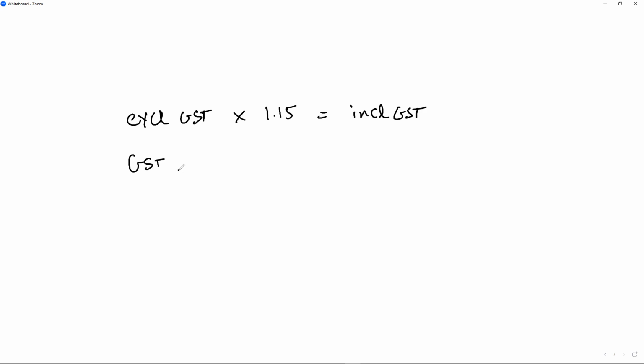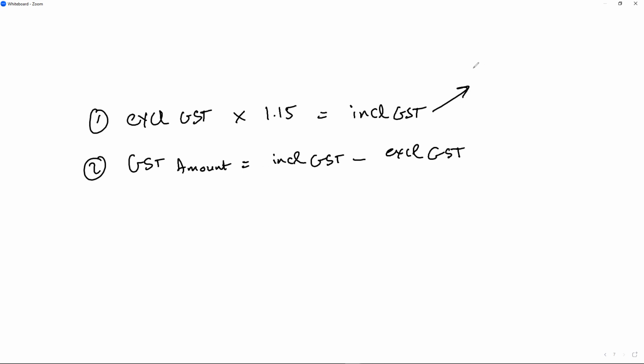And the GST amount is given by taking the including GST and subtracting the excluding GST from it. So you can get asked two types of questions: the first one excluding and including, the second one the GST amount. And remember, this can also be written as excluding GST is equal to including GST divided by 1.15.